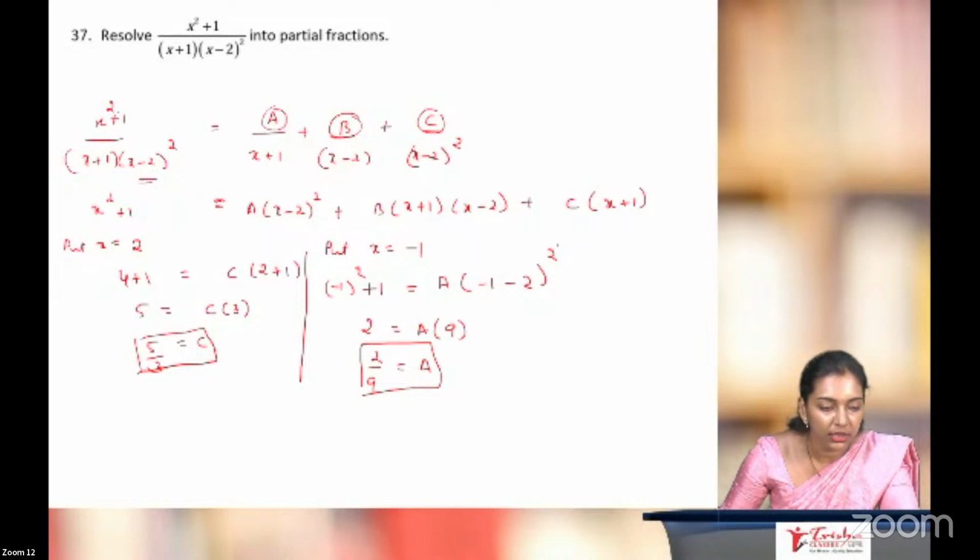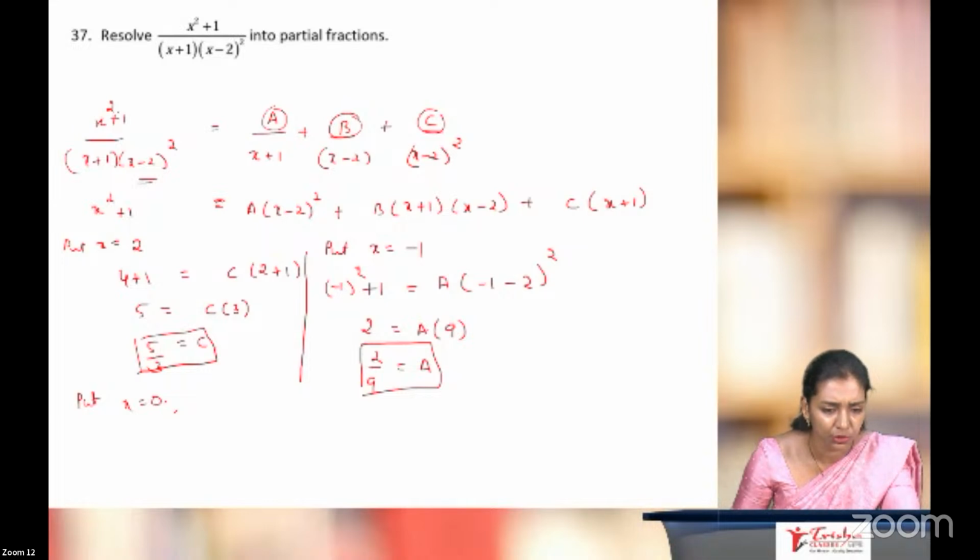Now, to get the value of B, you cannot find any option to put as the value of X. When you are in that situation, since we already have two unknowns and we have the values for them, we can find B easily by just putting X equal to 0.